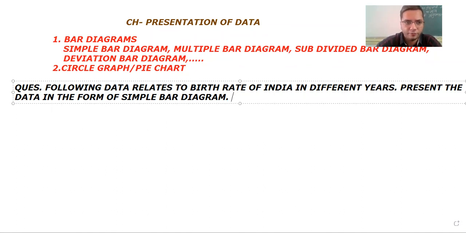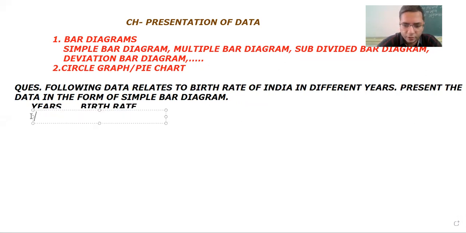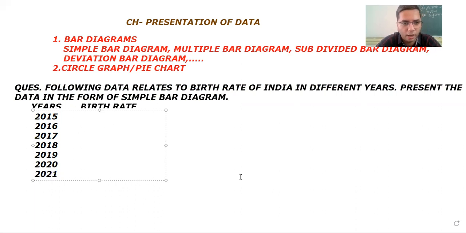Let's see what data is given to you. In the first column, it is mentioned as years, and in the second column, as birth rate. Suppose the years given to you are 2015, 2016, 2017, 2018, 2019, 2020, and 2021.